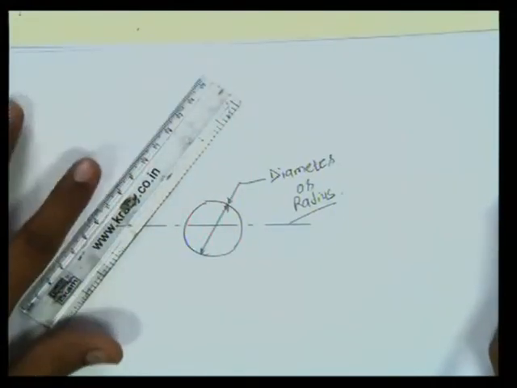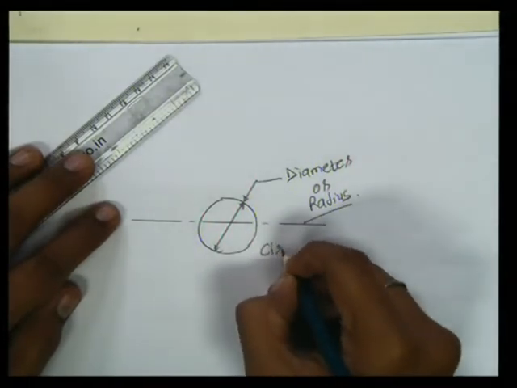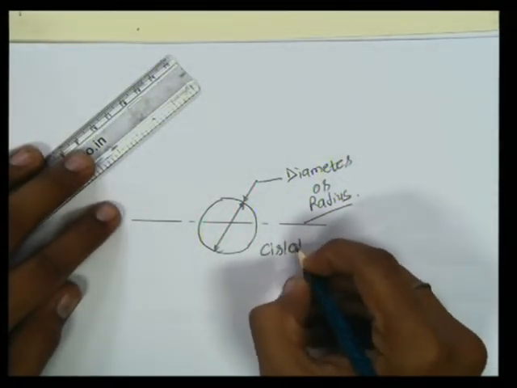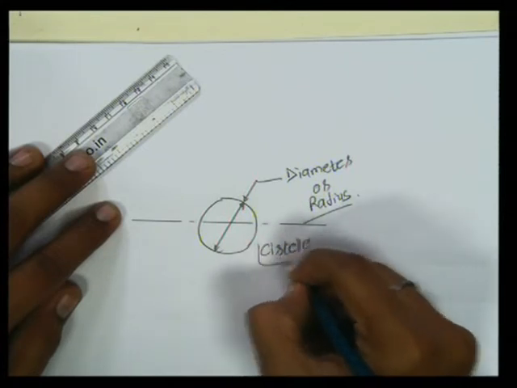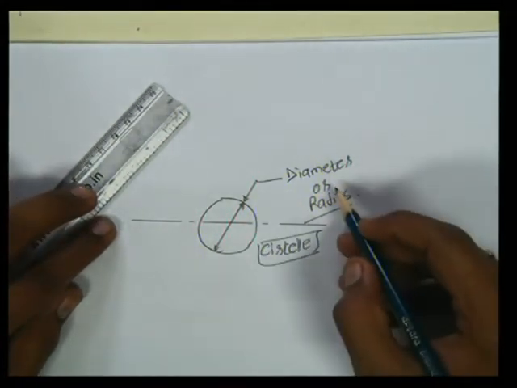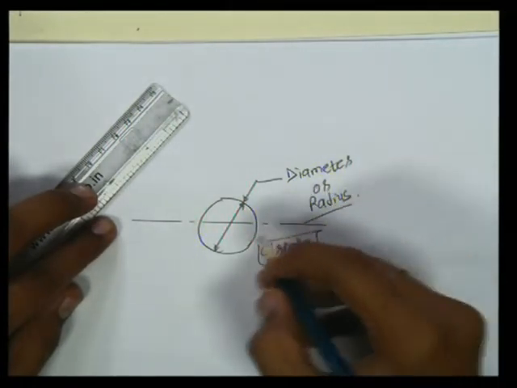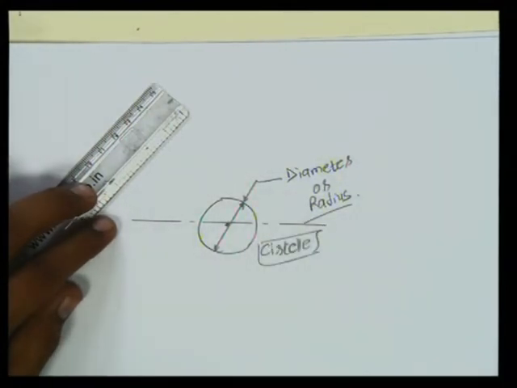Only one parameter would be there for the circle. They are having a radius or diameter, and they are having some center.